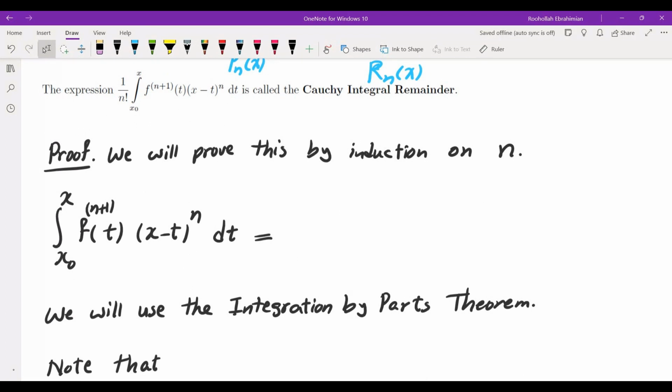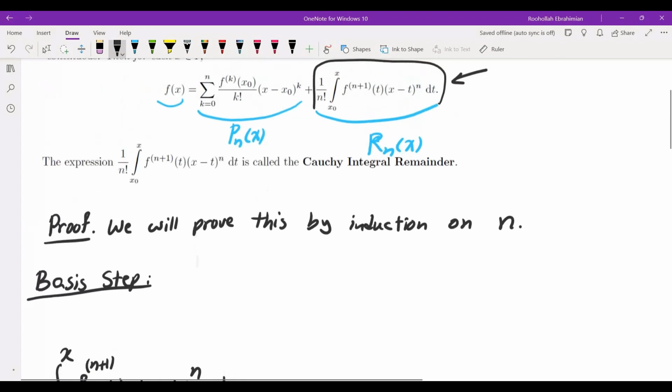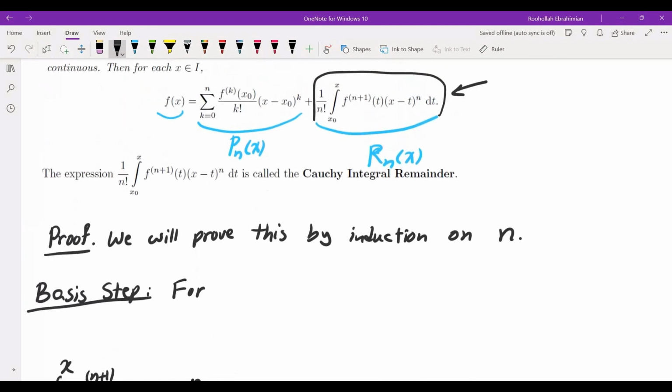I forgot to prove the basis step, but the basis step should be pretty straightforward. We can even just look at n equals 0.